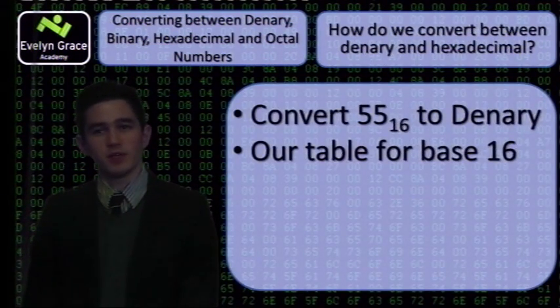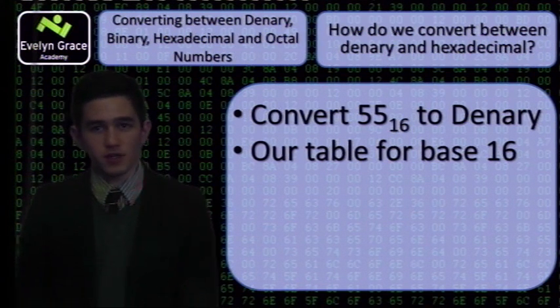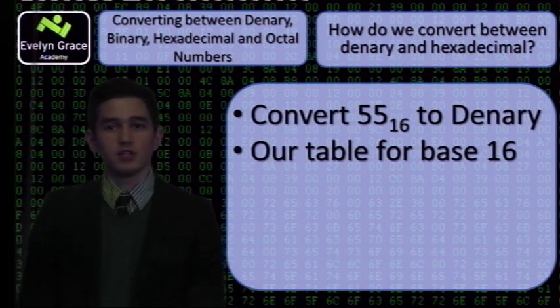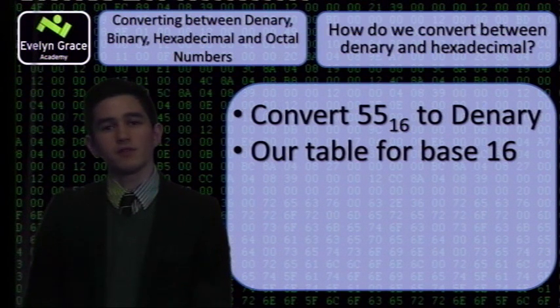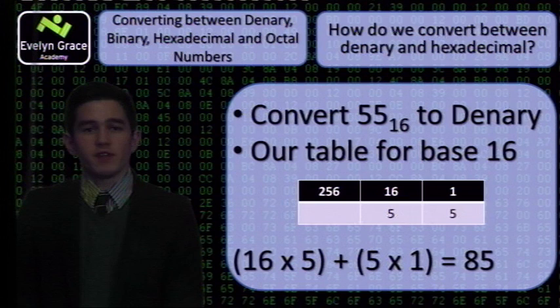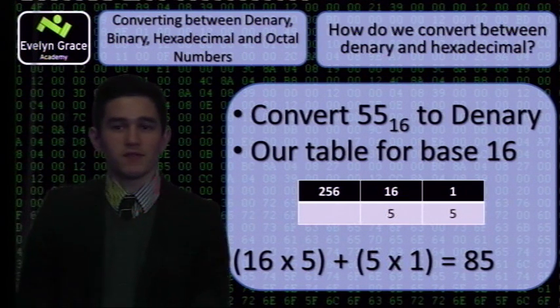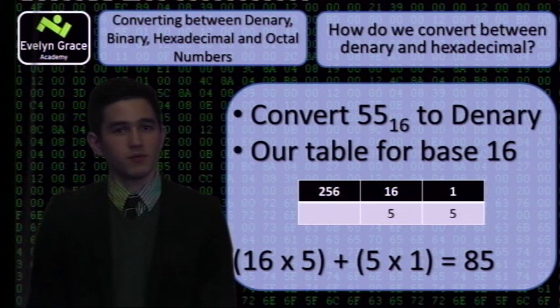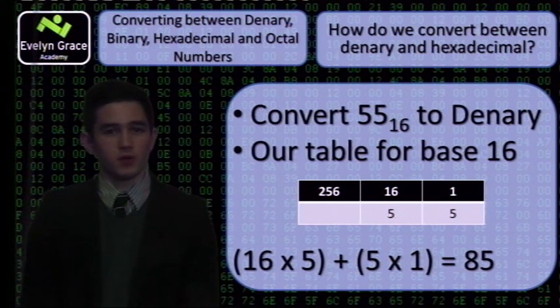So how do you convert between the two? Let's convert the hexadecimal number 55 to denary. First of all, our table for base 16. We start with the units as ones, then we have 16, 256. So just like binary was a base 2 and it goes up with 2 each time, this is times 16 each time.